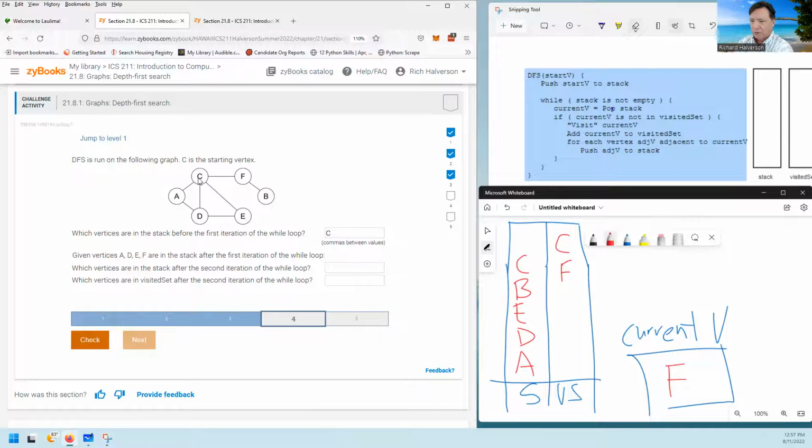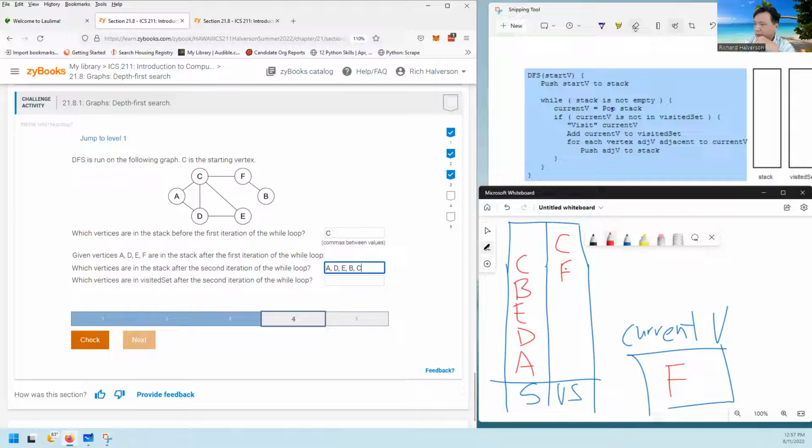And so what vertices are in the stack after the second iteration of the while loop? Well, I'm going to say A, D, E, B, C. And what vertices are in the visited set after the second iteration of the while loop?